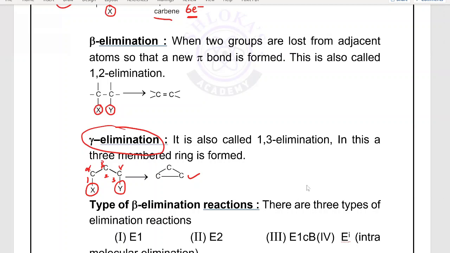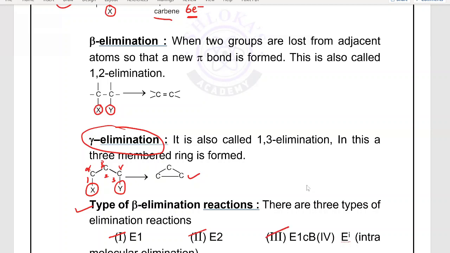In our syllabus, for NEET as well as IIT JEE, we are mainly focusing on beta elimination reaction. Again, this beta elimination is of 4 types. E1, unimolecular elimination. E2, bimolecular elimination reaction.